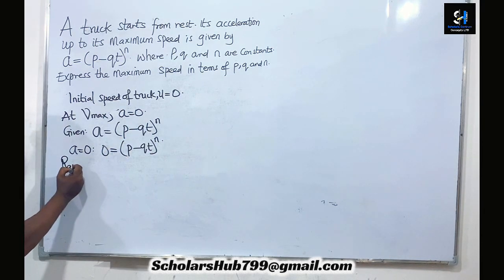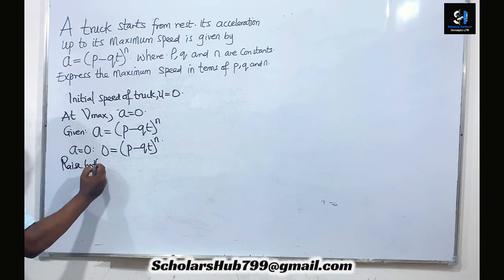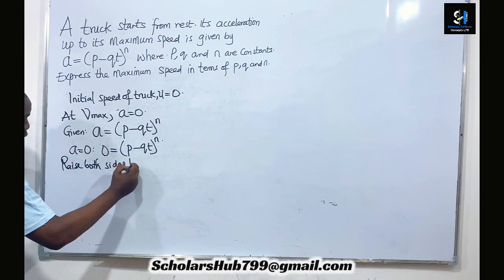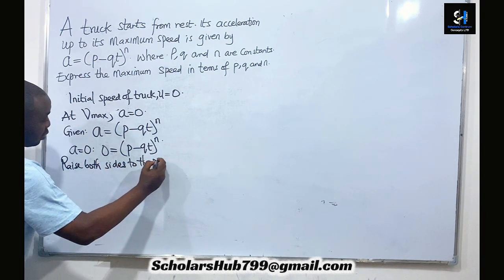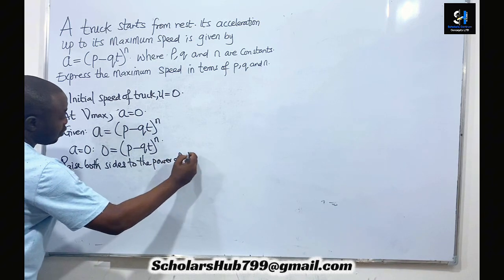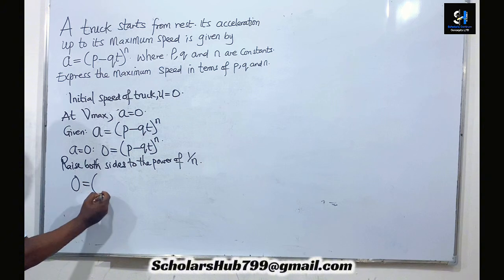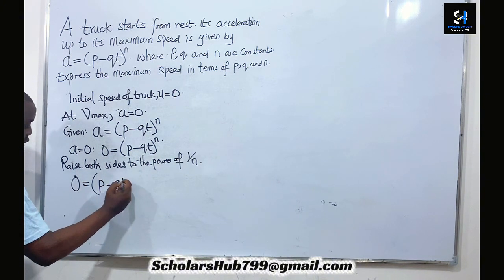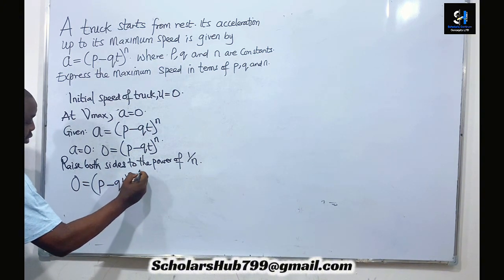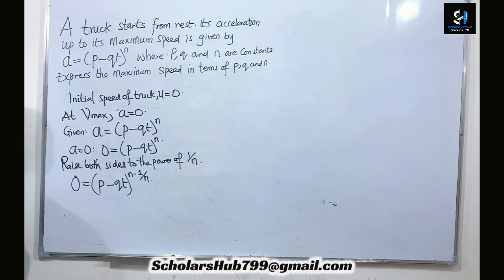So now let me raise both sides to the power of 1 over n. This will be 0, while this will be (P minus Qt) raised to the nth times 1 over n.